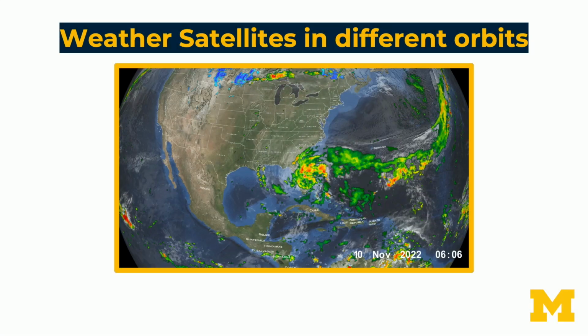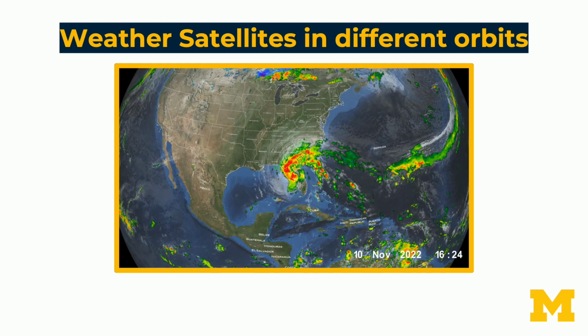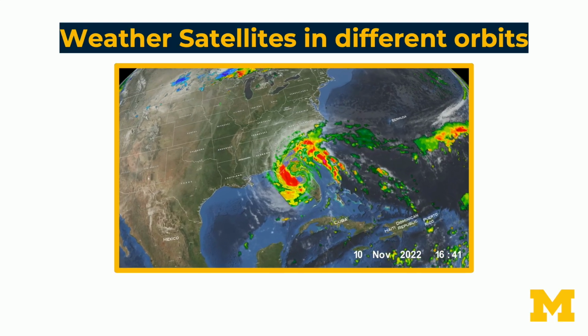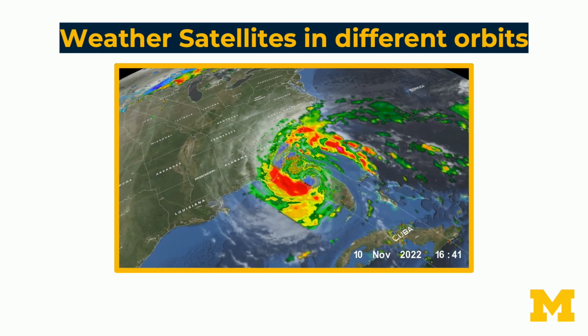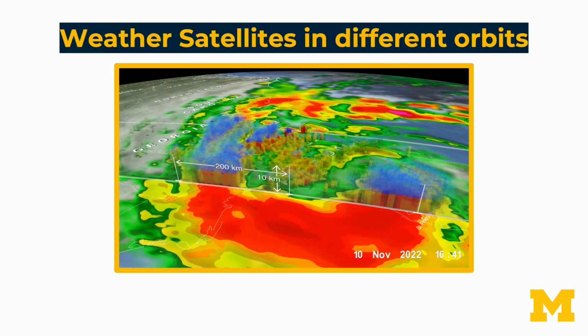We talked about weather satellites being in geosynchronous orbit and weather satellites being in low Earth orbit. And why would you mix these two things up? So this is showing a hurricane hitting Florida here, and then it's going to zoom in, and you can see the track of a low Earth orbiting satellite taking the same type of data. And then embedded in this, you see this really fine scale resolution.